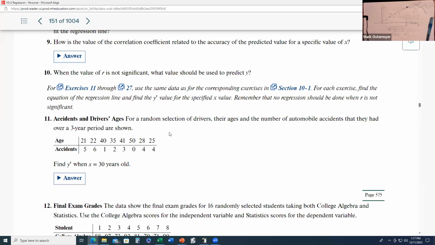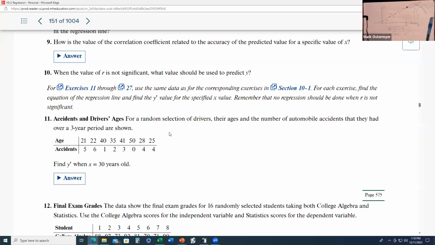Well, ladies and gentlemen, maybe we could just use our calculator to compute the linear regression equation for this. What's your X and what's your Y data here? What would be your dependent variable and your independent variable, or your response variable versus your explanatory variable?